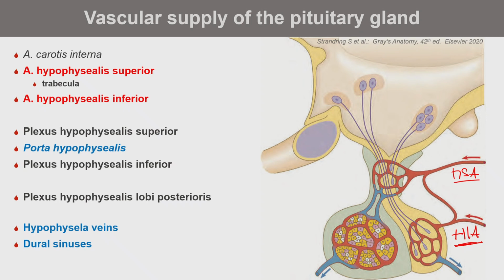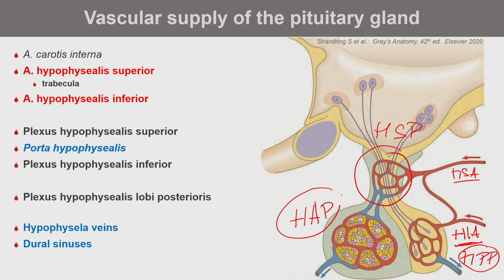Those arteries are supplying plexuses. We have 3 pituitary plexuses: hypophyseal superior, hypophyseal anterior plexus, and hypophyseal posterior plexus.